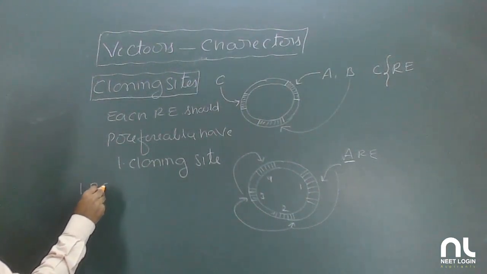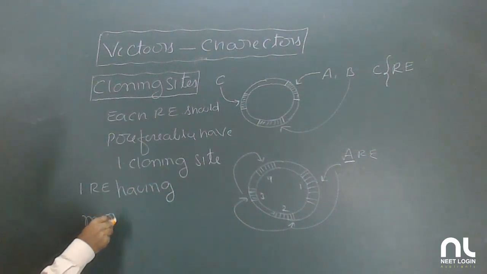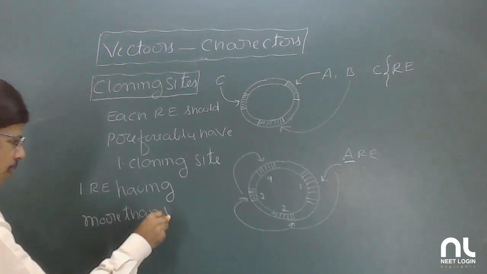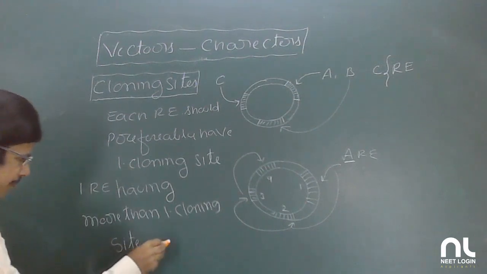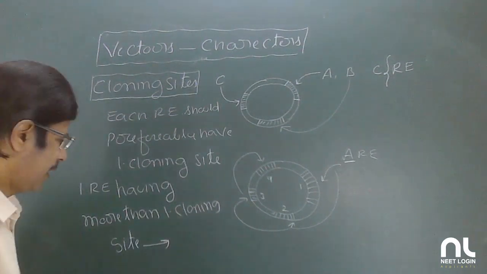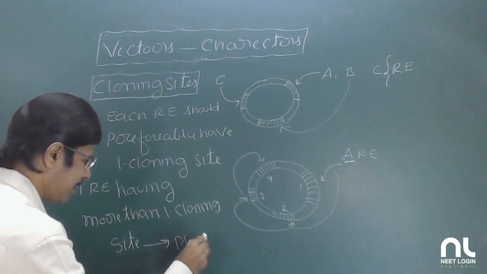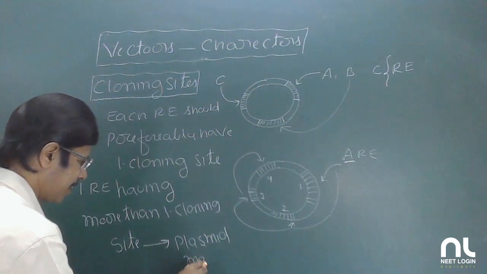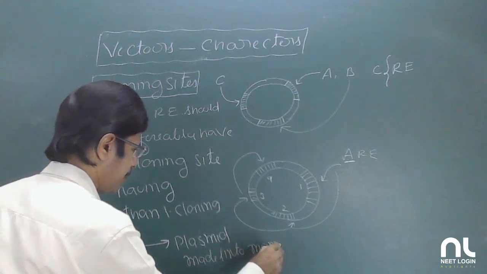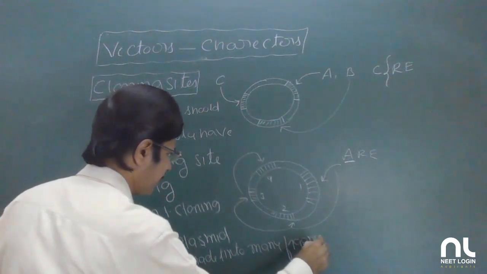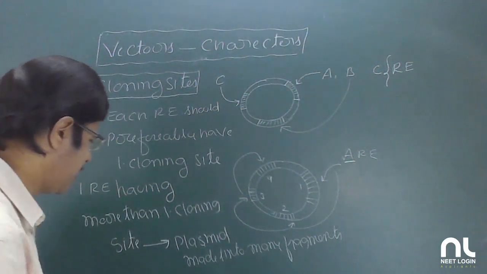If one restriction enzyme has more than one cloning site, the plasmid is made into many fragments. Some useful points are eliminated.